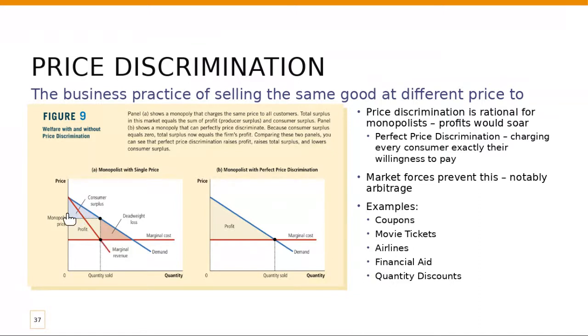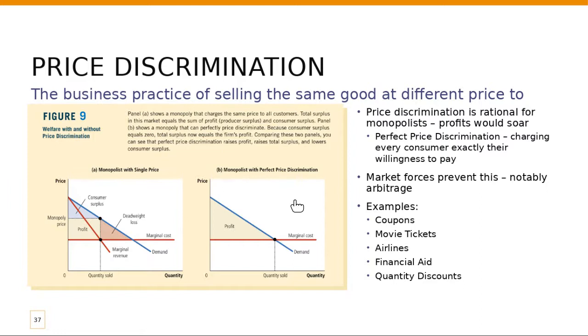So consumer surplus is only the area above the monopoly price, enjoyed by the consumers that are able to purchase the good. The monopolist profit is everything above their marginal cost at that quantity. And then the deadweight loss is all the losses on transactions we have because, one, the price is too high, and two, there's not enough for the buyers.